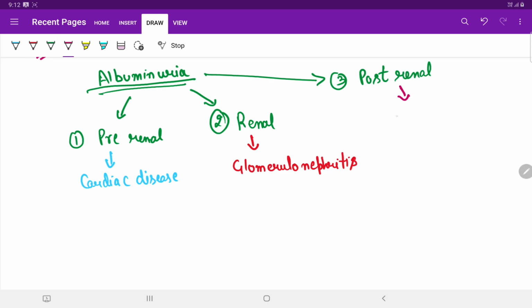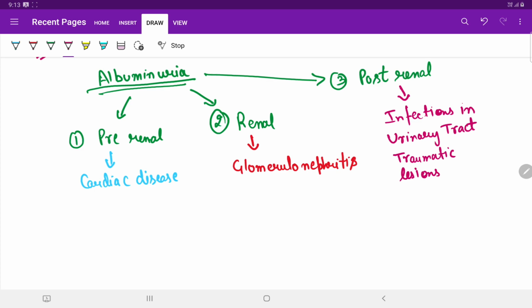It is an indication of infections in the urinary tract, and the presence of traumatic lesions may also lead to post-renal albuminuria.